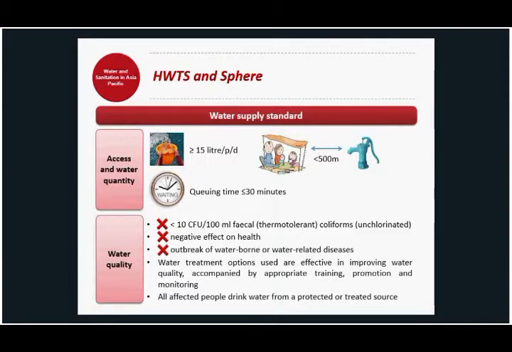For access and water quantity, everyone knows that the minimum is 15 liters per person per day for drinking, cooking, and personal hygiene needs, the water source is located less than 500 meters away, and queuing time at the water source should be less than 30 minutes.